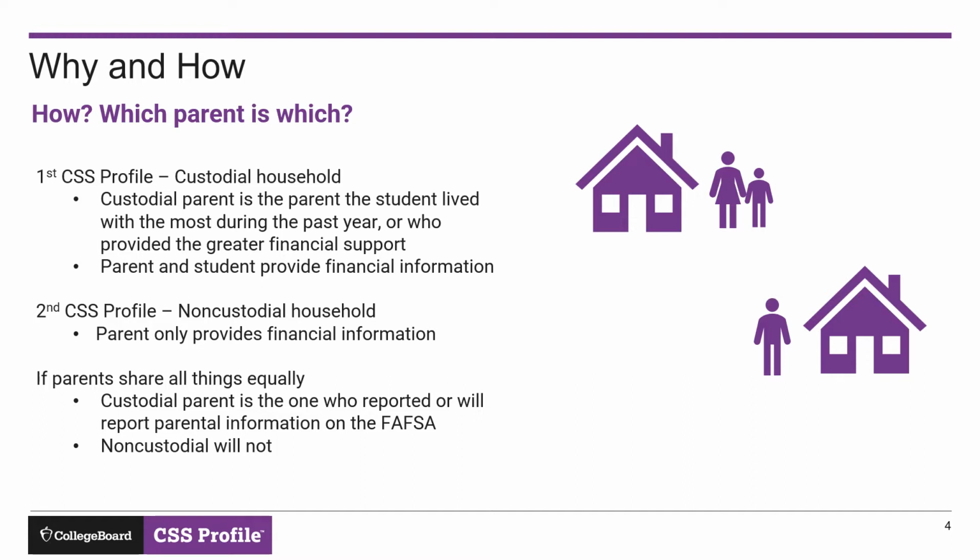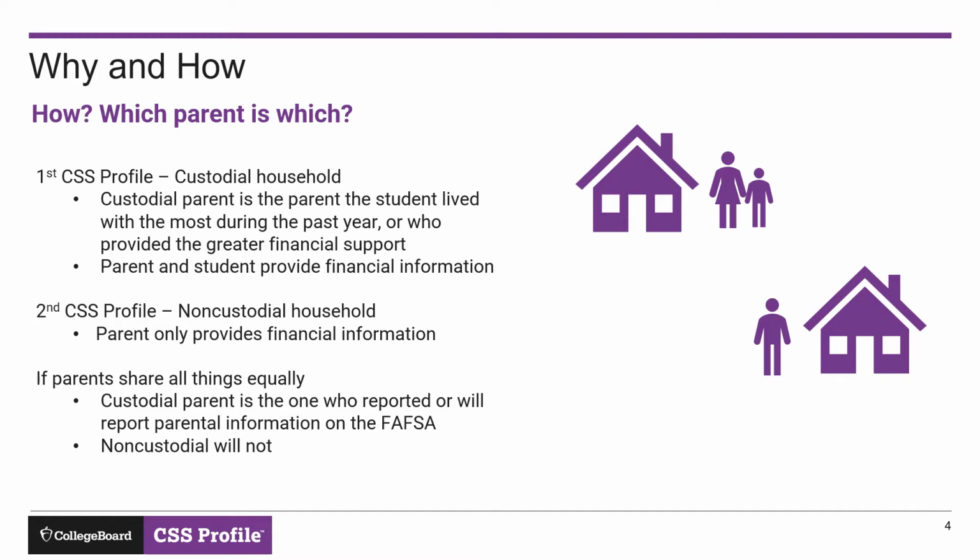The CSS profile application determines which questions to display by asking which parent the student lived with the most during the last year, or which parent provided the greater financial support. If everything is equally shared, then the answer to that question is the parent who will complete the FAFSA with the student. This is often referred to as the custodial parent.